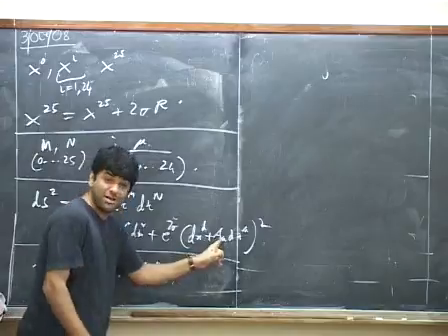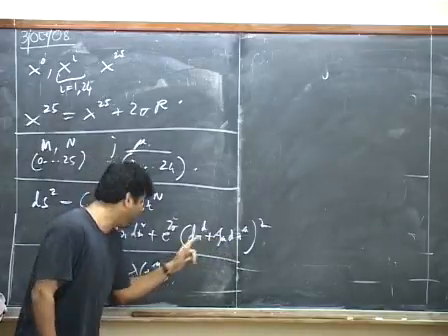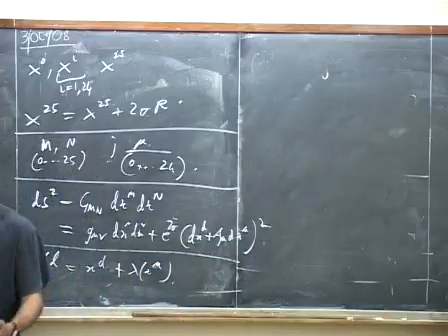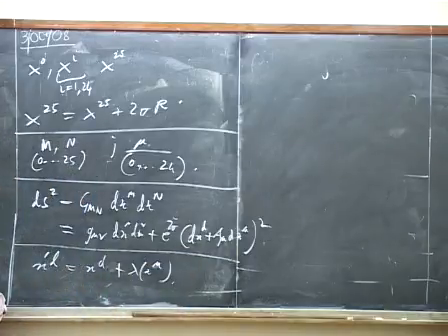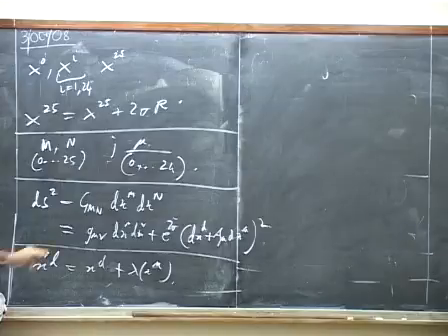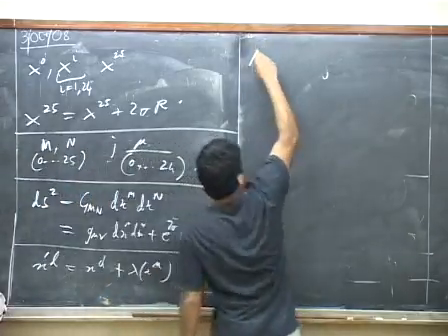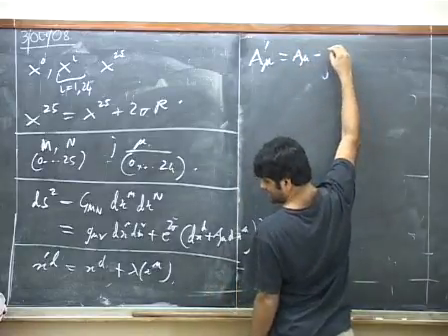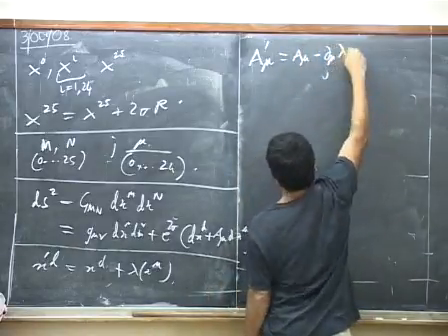But A_mu will go to some new function A_mu prime, and that is changing because dx^D goes to dx^D plus del_mu lambda times dx^mu. So we can absorb that shift into a shift of A_mu: A_mu prime equals A_mu minus del_mu lambda.